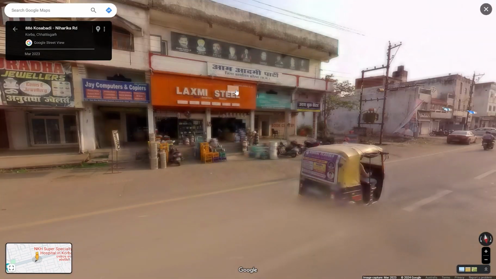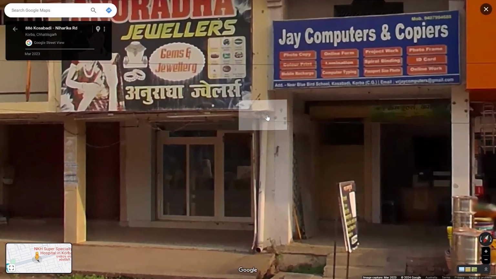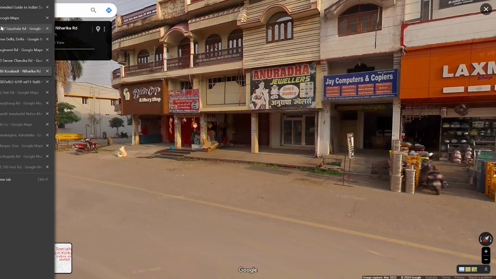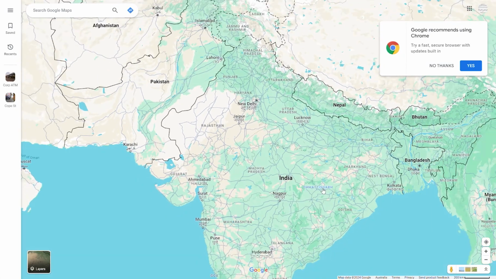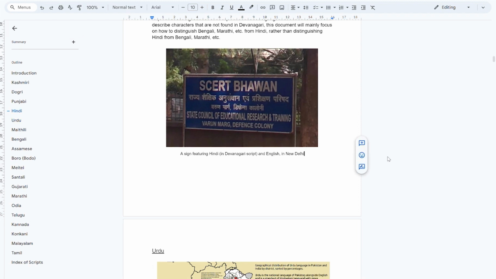And if you go out pretty far east to Chhattisgarh, you'll also find plenty of Hindi. So most of the northern states of India speak Hindi or some closely related language to Hindi, and they'll pretty much always use the Devanagari script.